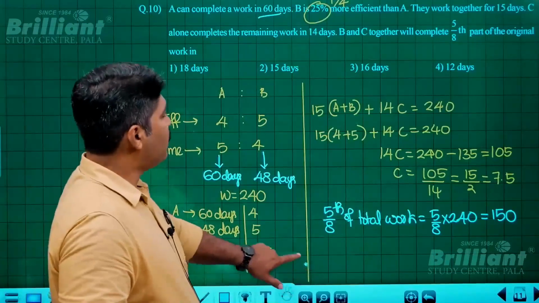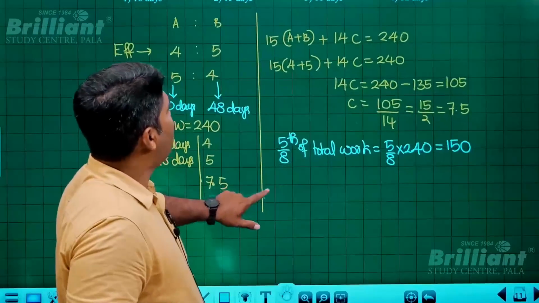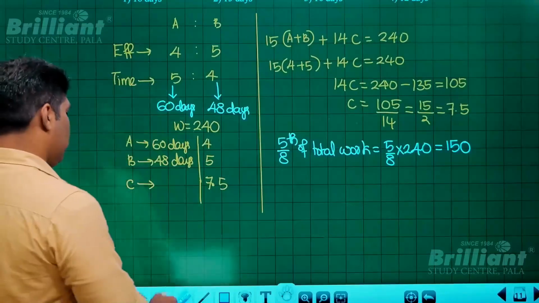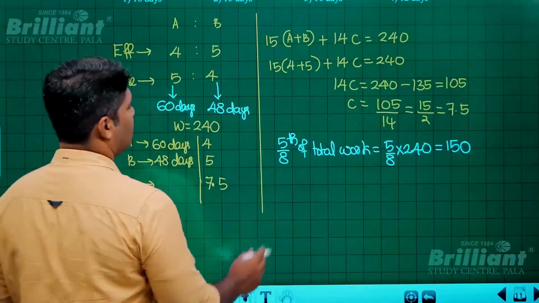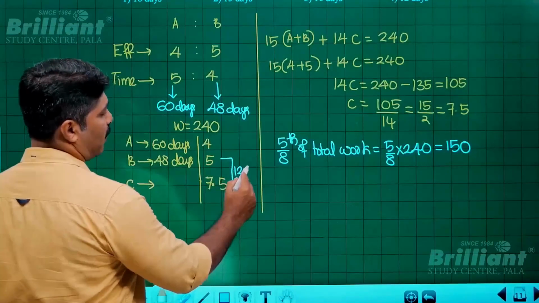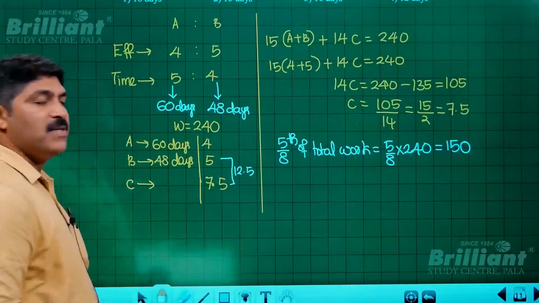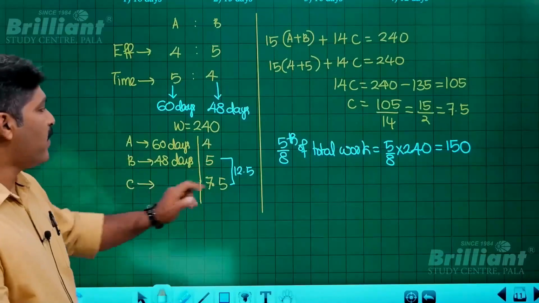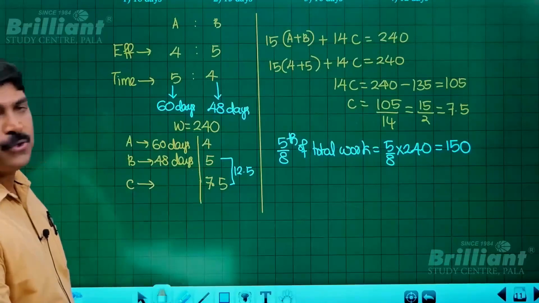Here, we consider the combined efficiency of B and C in such a situation. That is equal to 12.5. Understand, the combined efficiency of B and C is 5 plus 7.5, that's equal to 12.5.